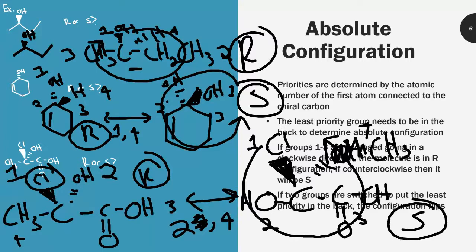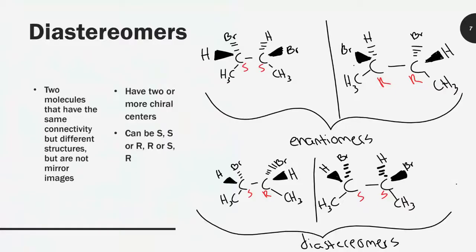Because to make an enantiomer, if you remember that, to make a mirror image, you flip 2 groups. So when you flip 2 groups from the original molecule, you actually make that molecule's enantiomer, which is the opposite configuration. Okay. Any more questions on that? Okay.